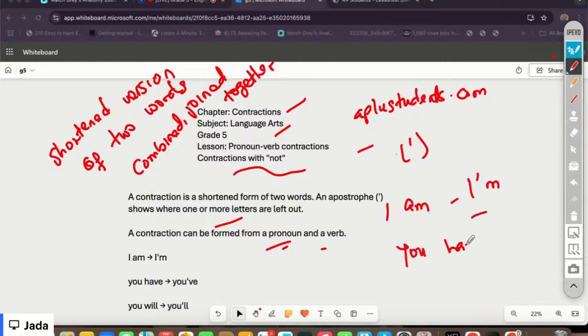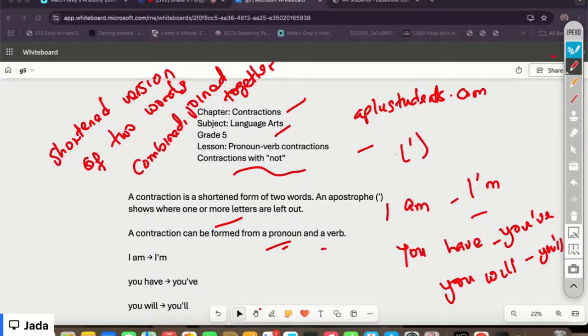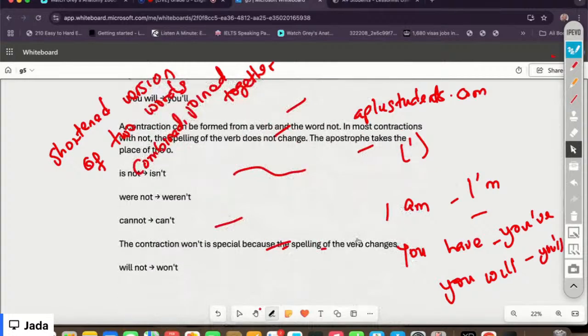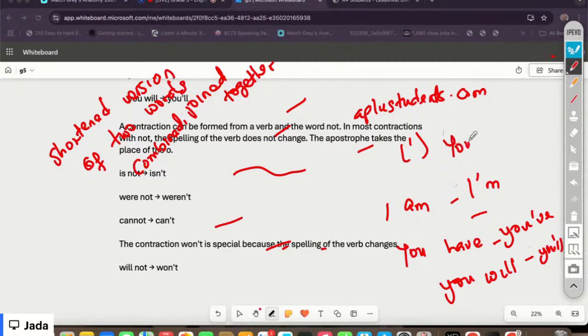You have you have, and it becomes you've. And then you have you will. So all these are the examples of the contractions, okay? All right, so you can take note of these. All these are contractions that we have.